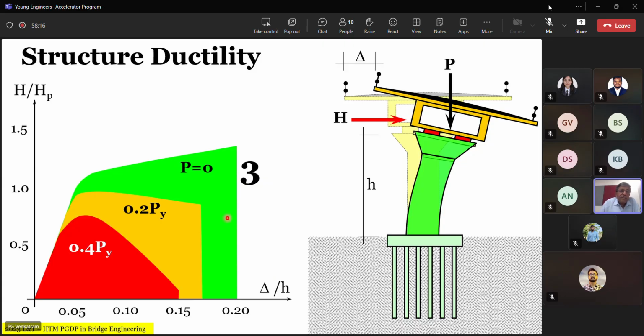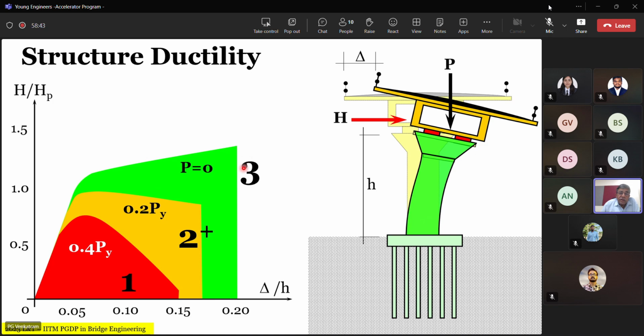So you have this ratio of H by HP almost at the level of 3 when you have no load. It's around 2 plus when you have about 20% of the column capacity as your axial load, and it reduces to 1 when the axial load P reaches the level of 40% of your column yield capacity.